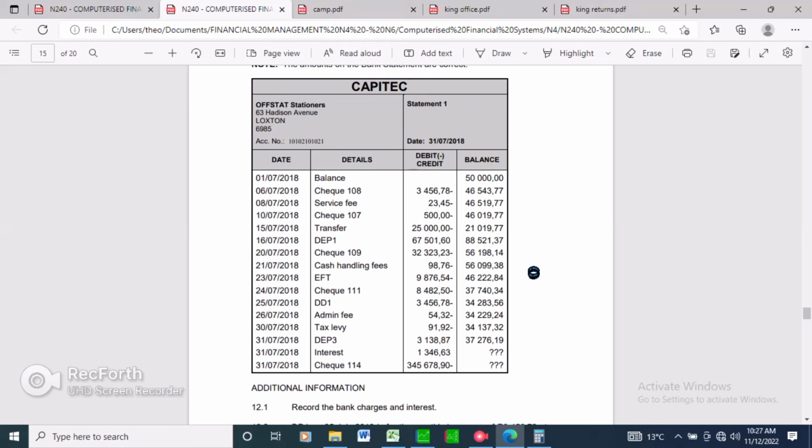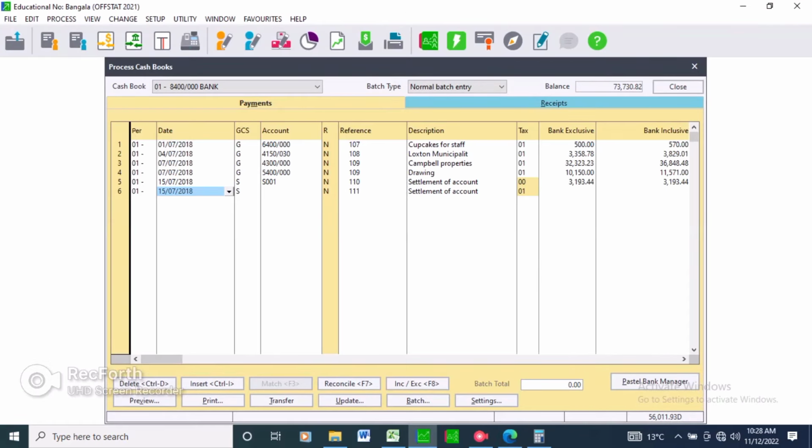Okay, 06. Okay, what is the G account? G account. What did we use here? It's for motor vehicle licensing, guys. Yeah, sure. But you are only recording the difference, guys.